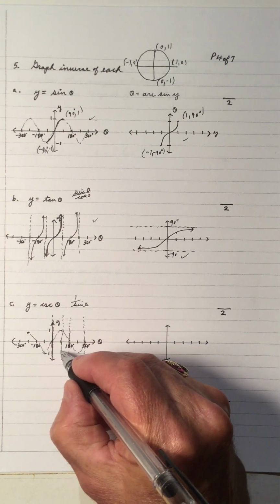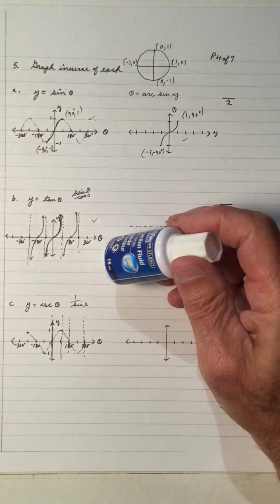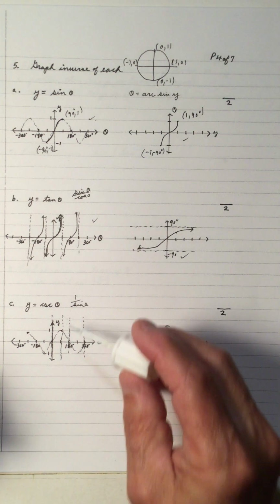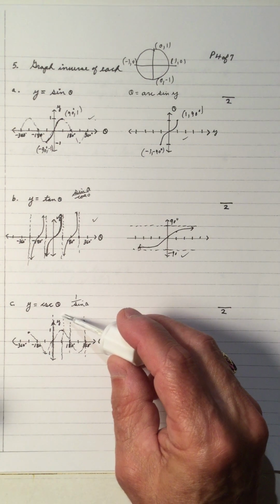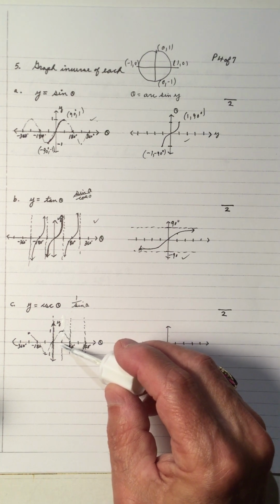This shouldn't be here. Allow me, oops, sorry, didn't mean to cross my arm there. Just use a bit of whitener so this won't get confusing. I'm going to take the 90 because at 90 it's a 1. So this is wrong right here, so just take that away.